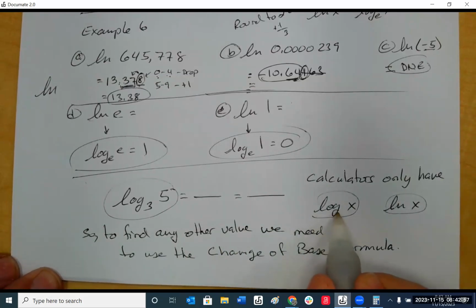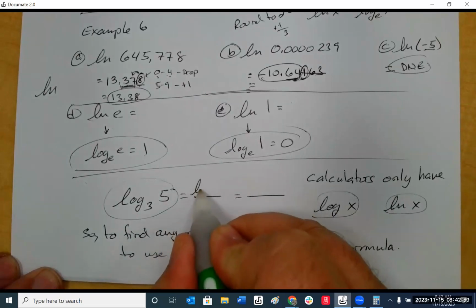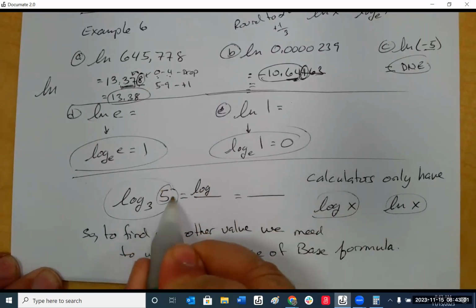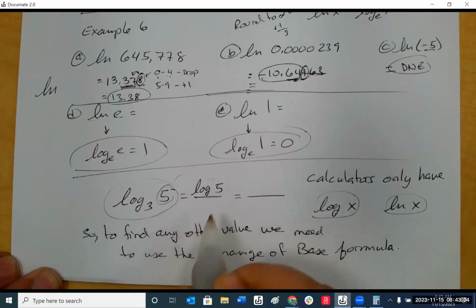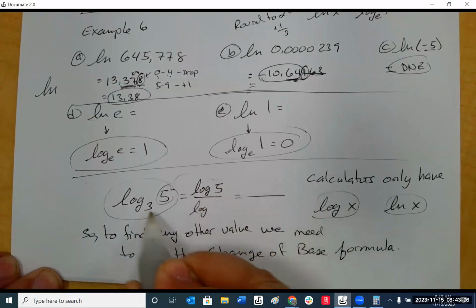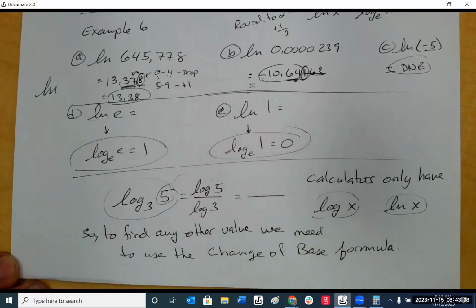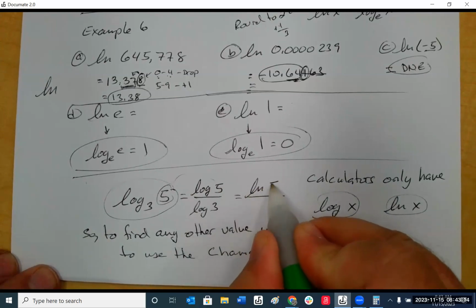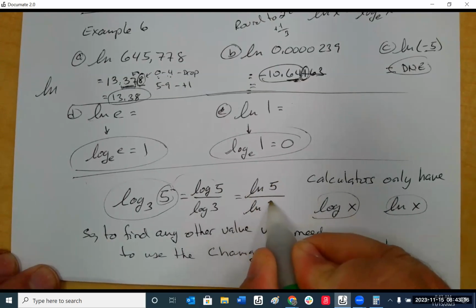So let's say we wanted to use log. Whatever the top number is goes on top, whatever the base is goes on the bottom. And same thing for ln. If we wanted to use ln, I could use those.